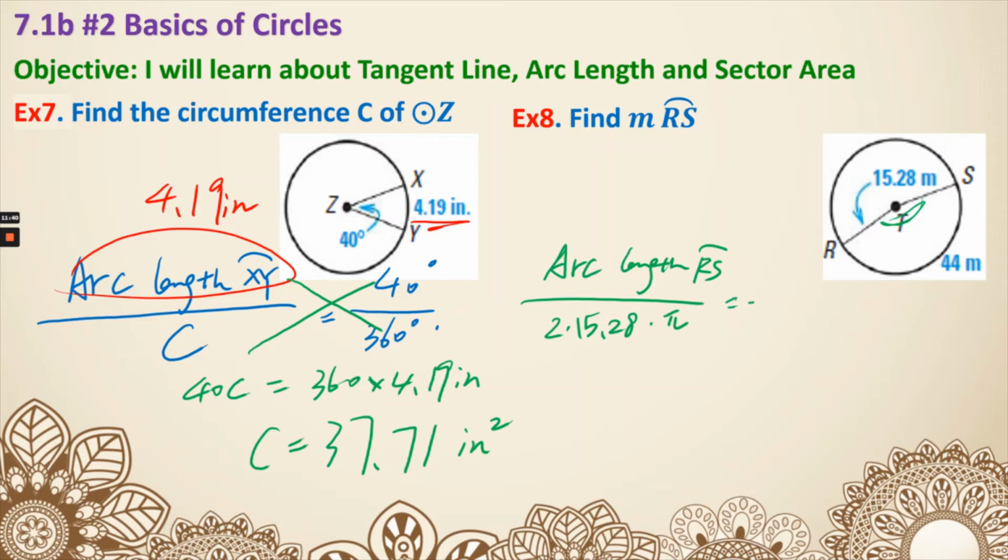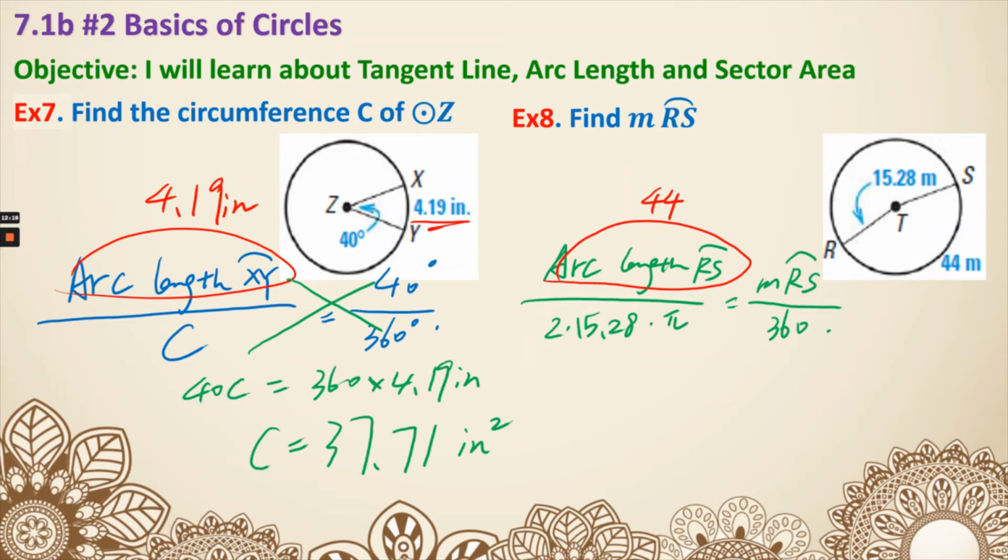And the right side is going to be the angle we're looking for. So measurement of RS, over 360 on the bottom. And of course, the arc length is going to be replaced by 44.